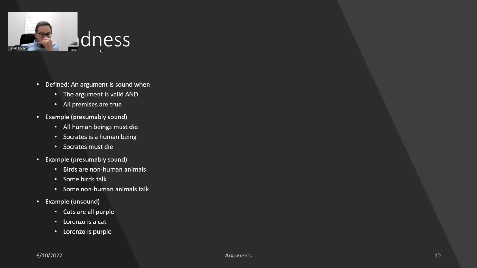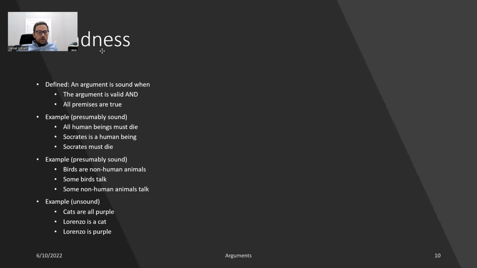So birds are non-human animals, that's true. Some birds talk. Well, you have probably heard some parrots or some other similar animal talk, right? So those are true. The conclusion, some non-human animals talk, follows from those premises, and so we get a sound argument.